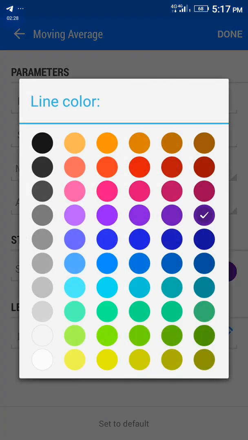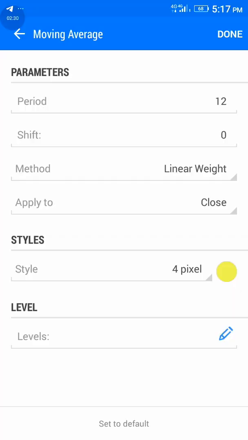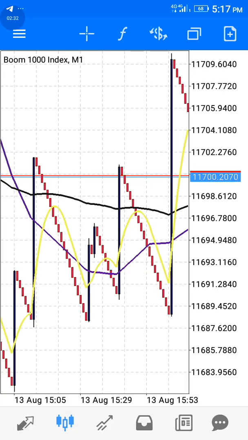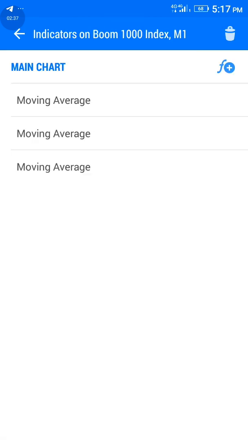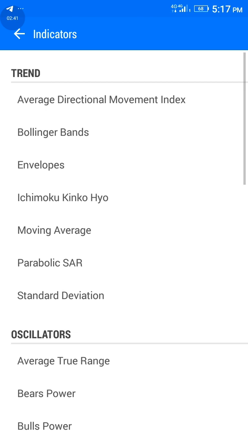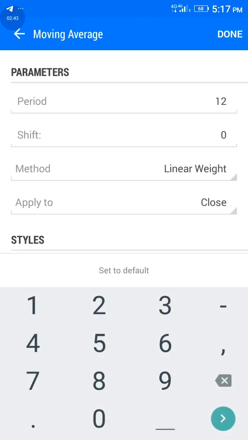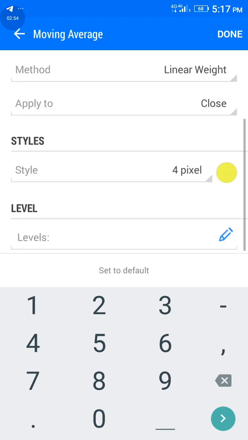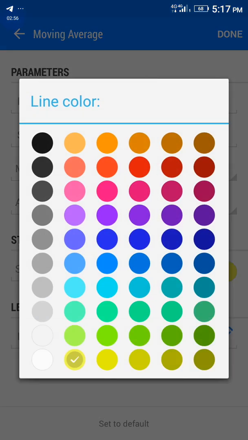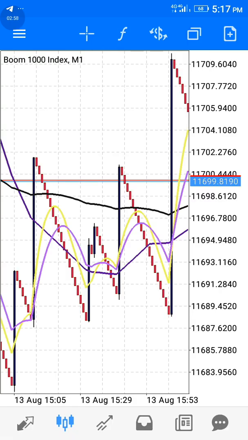Use any color that you like, but I will use this. Done. Then the last moving average is moving average 20. Moving average 20, shift 0, linear weight, apply to close, change the color to any color that you like. I will use this.